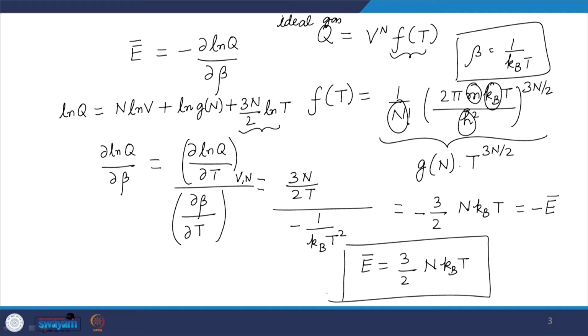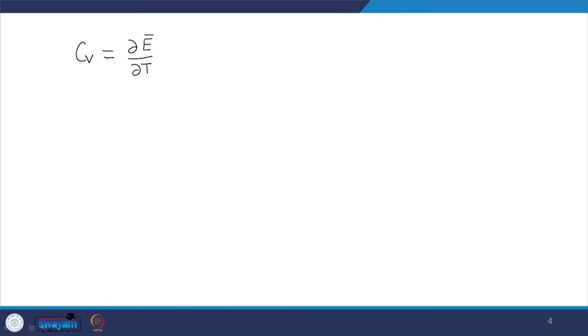So, let us say I am now interested in the specific heat. The specific heat, as we have discussed, is given as ∂E bar/∂T, that is the definition, and since we are doing it at constant volume, it is the specific heat at constant volume. Actually, it is the heat capacity, I am sorry, not the specific heat.